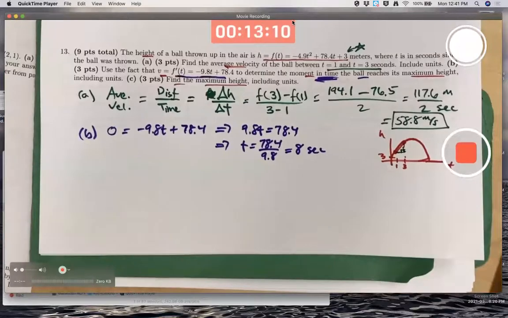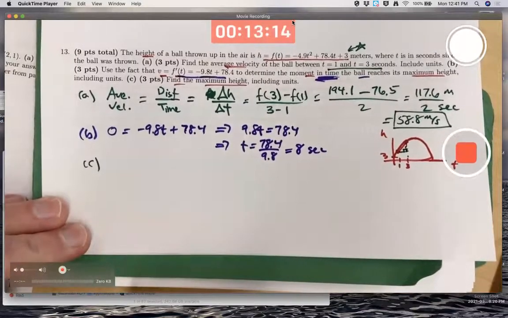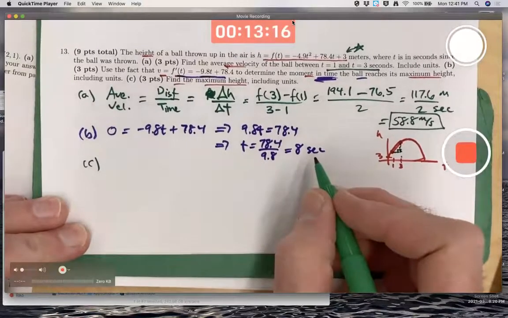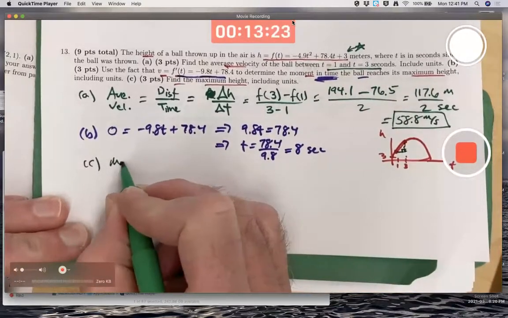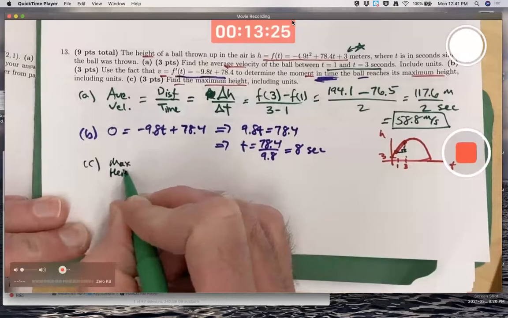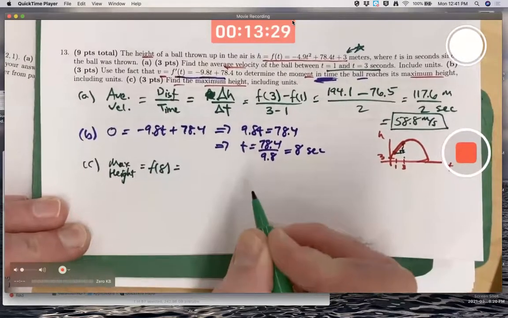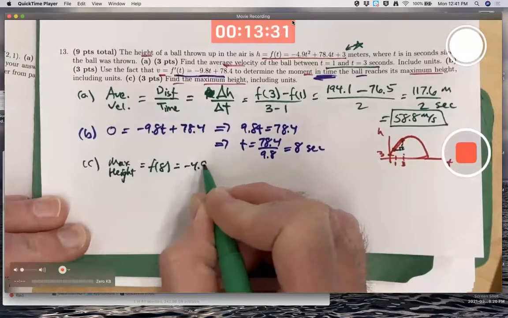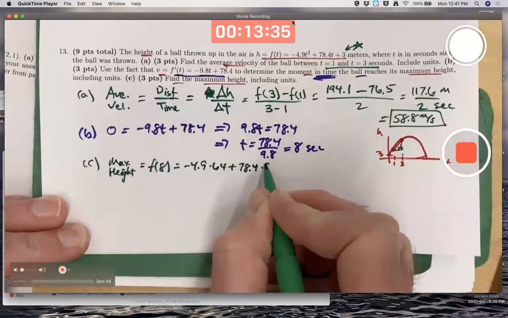Part C, find the maximum height. That's the time of the maximum height. To find the actual maximum height, plug it into the function. The max height is going to be f of 8. Negative 4.9 times 8 squared is 64, plus 78.4 times 8, plus 3.